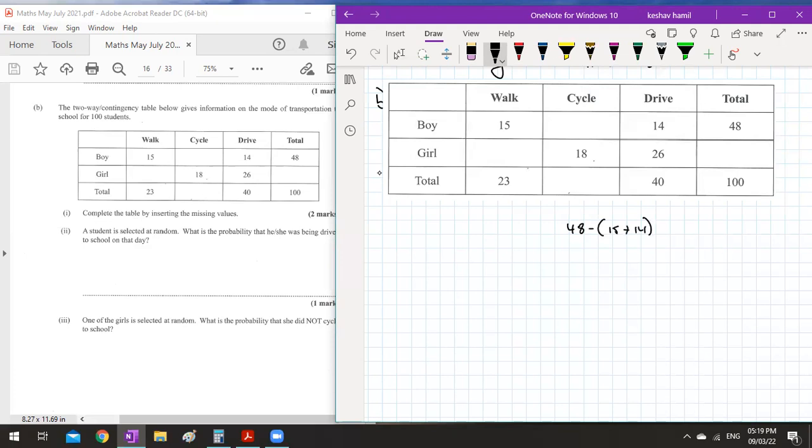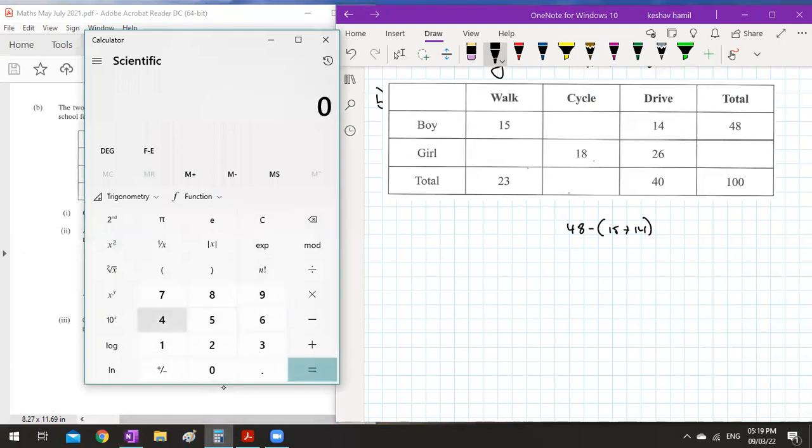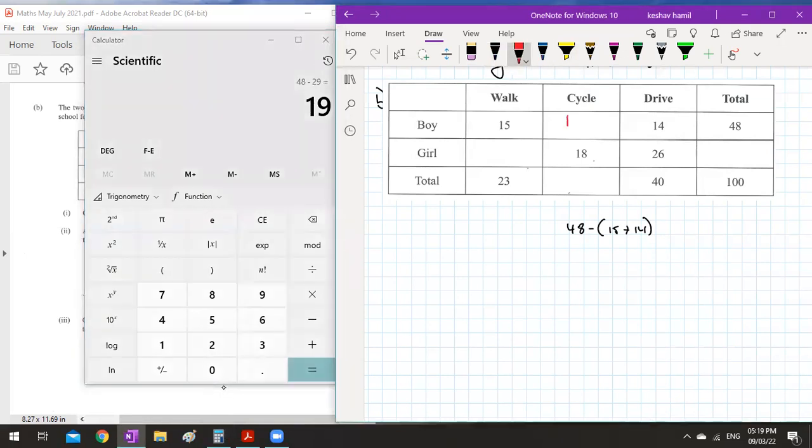So the inside is 29. 48 minus 29. Remember, you all have a calculator, so you can use a calculator. So it's 19.